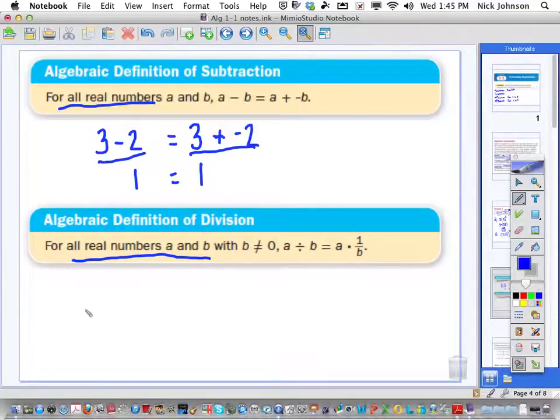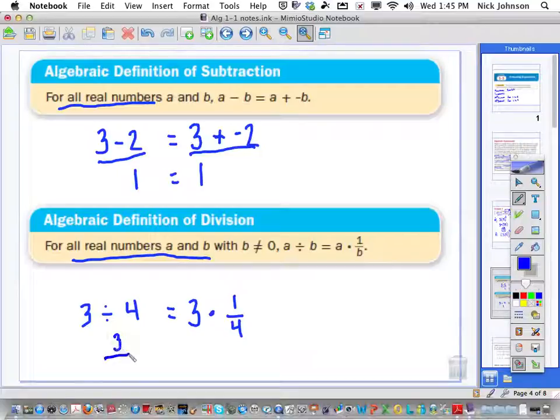So let's try this. 3 divided by 4 is supposed to equal 3 times 1 over 4. All I did was let A equal 3 and let B equal 4. Well, what does 3 divided by 4 come out to? On your calculator, it would come out to 0.75.